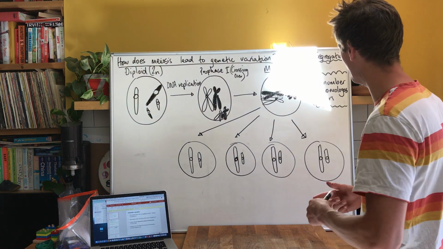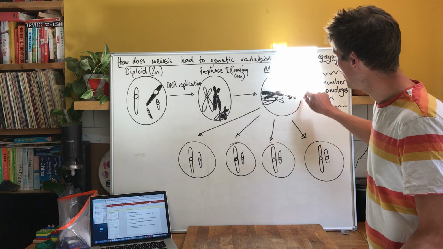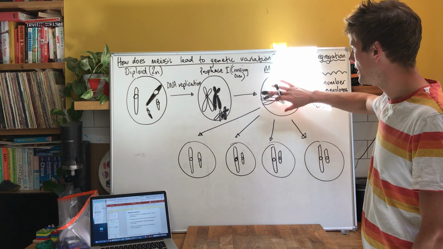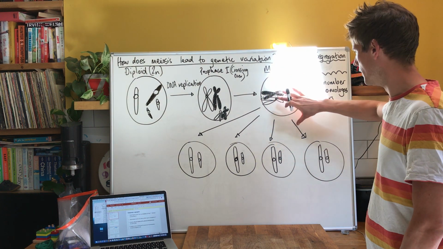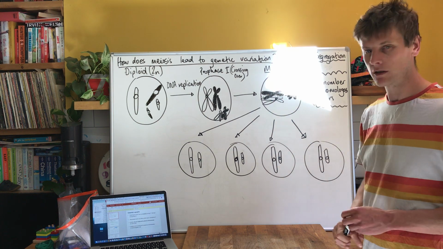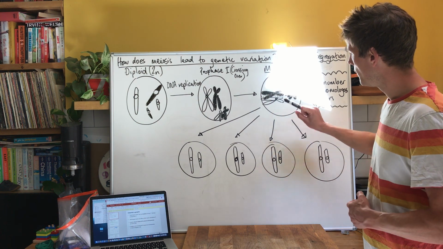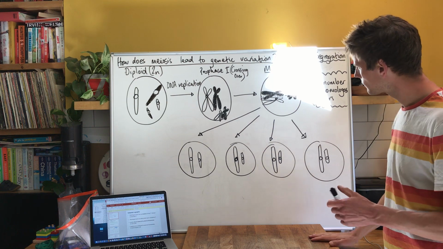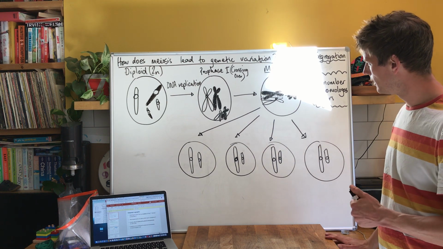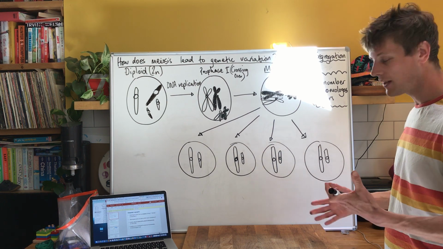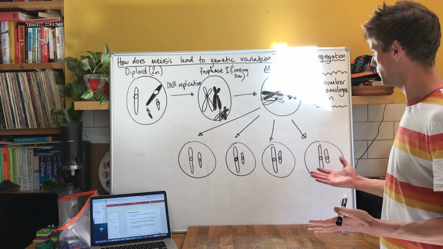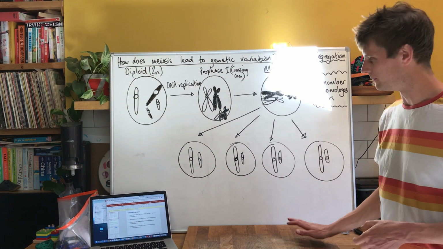But anyway, we'll carry on. Like I say, that is completely random. It could be any orientation of those chromosomes across the equator. Because it's random, there are a number of different outcomes that could potentially happen.